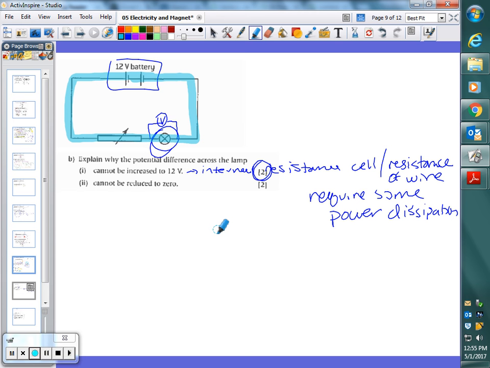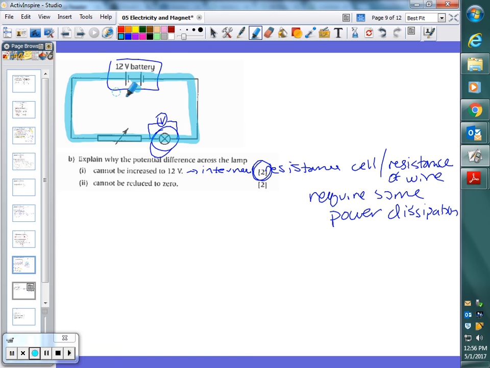The potential difference increase has to be equal to the potential difference decrease. The battery increases potential energy. It's what it does, so it's a positive potential difference. But then the lamp or other parts of the circuit will decrease the potential difference.